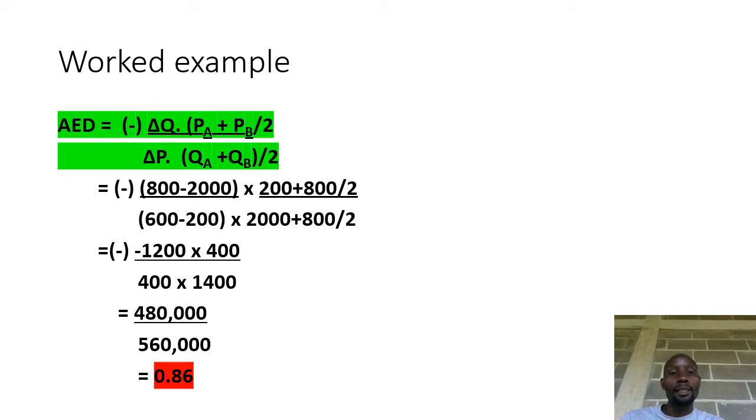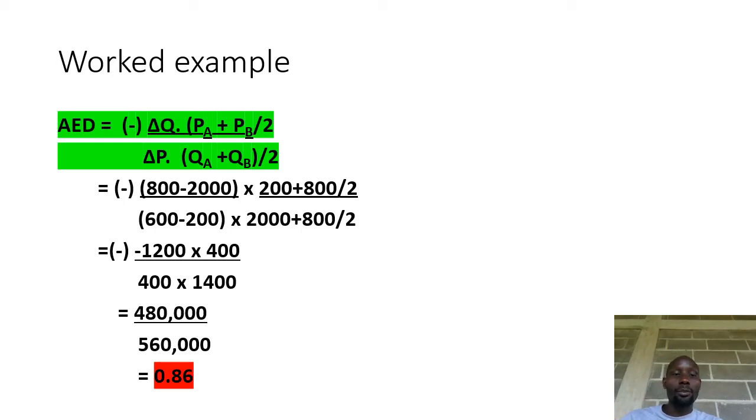We have seen that arc elasticity of demand is calculated by using the formula: percentage change in quantity multiplied by price average, divided by percentage change in price times quantity average. For price average, we take the original price plus the final price and divide by 2, and for quantity average, we take the original quantity plus the final quantity divided by 2.